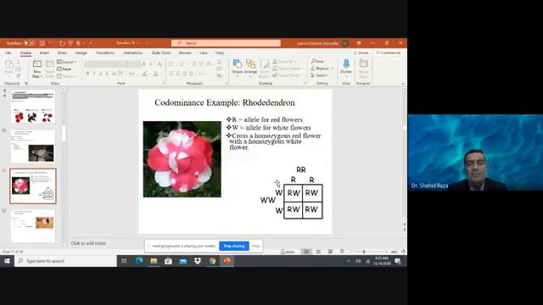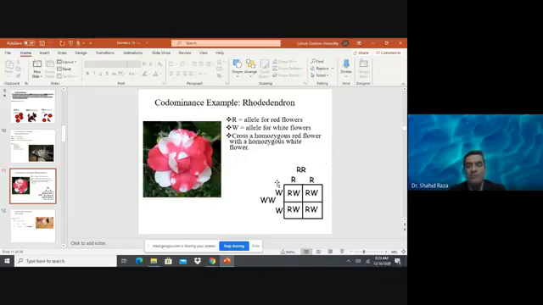In the case of codominance again, rhododendron. We can see in these flowers allele capital R is the allele for red flowers, and capital W is the allele for white flowers.